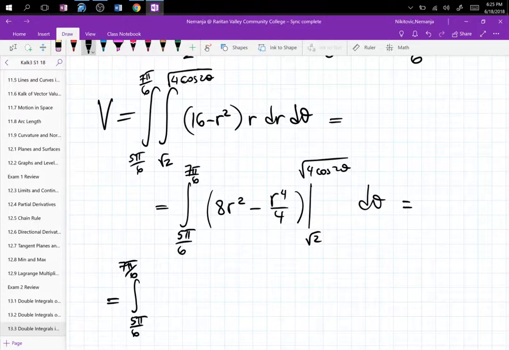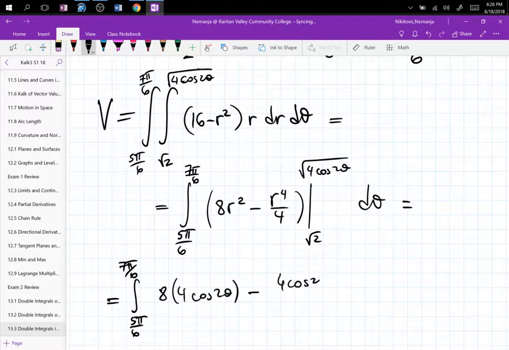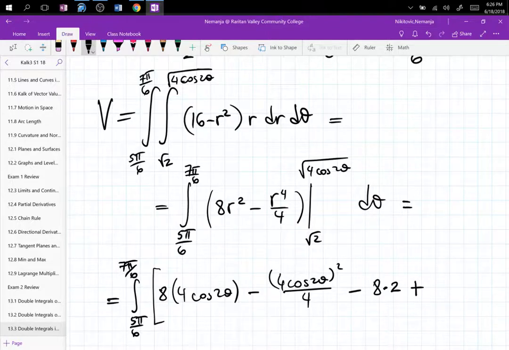Plug in the upper limit into r squared, the root dies, so I have 8 times 4 cosine 2 theta minus, now we have to the fourth, so it's going to be 4 cosine 2 theta squared over 4. That's when you plug in the square root. Then we have minus square root of 2, that's going to be 8 times 2. Minus and minus give me plus square root of 2 to the 4th over 4 d theta.